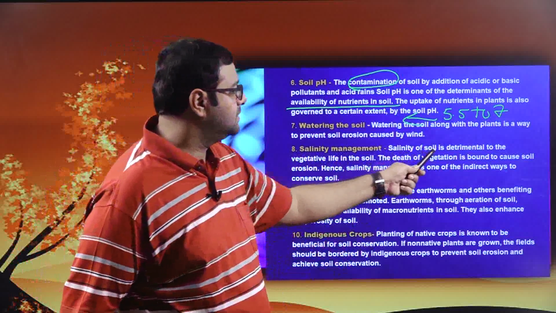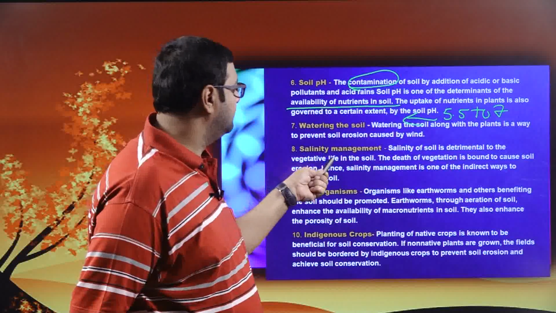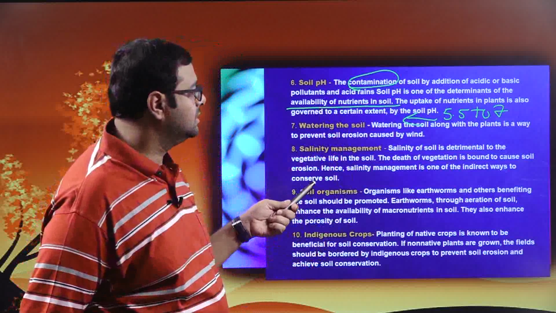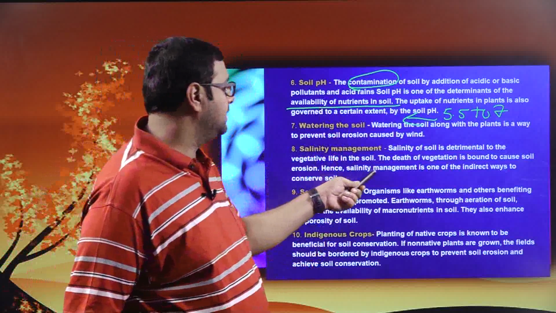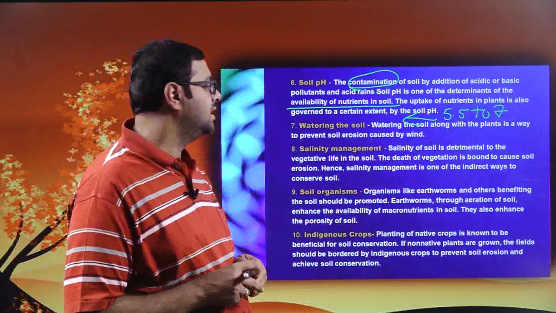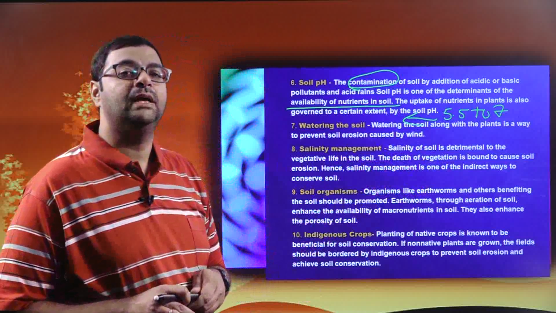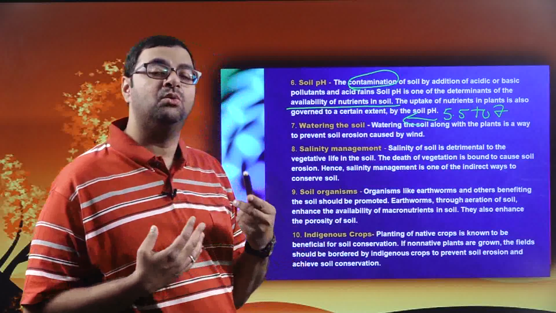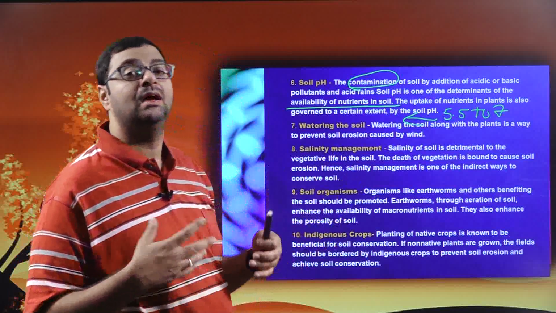Then salinity management. Salinity of the soil is detrimental to the vegetative life in the soil. The death of vegetation is bound to cause soil erosion. Hence, salinity management is one of the indirect ways to conserve soil. What happens if the salinity is way too high? The vegetation will get affected; the vegetation will die basically.